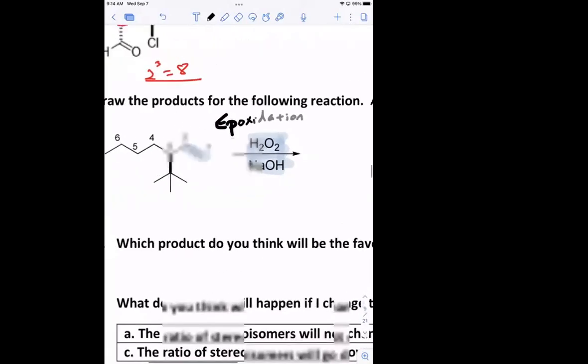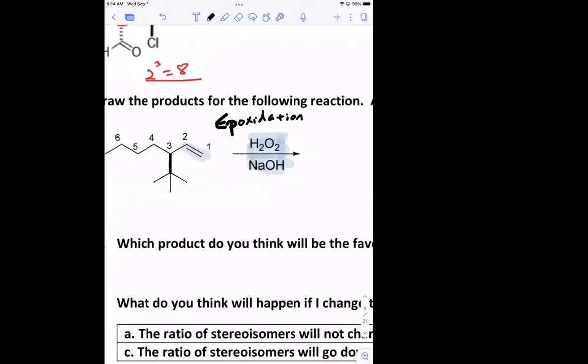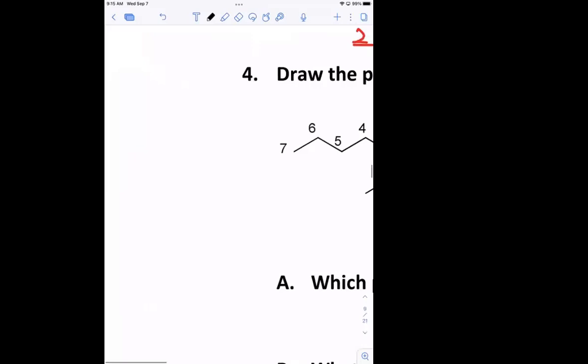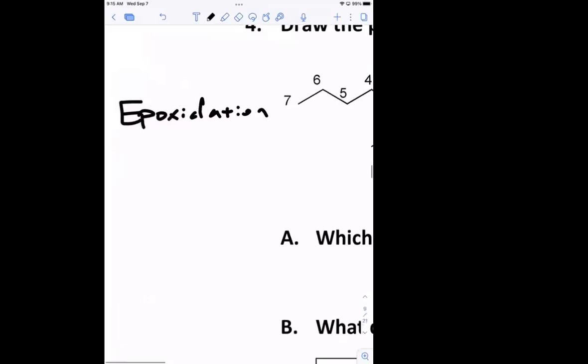It's an epoxidation. Anybody remember what that does to a double bond? What is an epoxide? What does that functional group look like? Doesn't it turn the alkene into an alcohol group? No, actually it turns it into an ether. It's a cyclic ether. So if I take an alkene and I react it with hydrogen peroxide and sodium hydroxide, I get an epoxide.